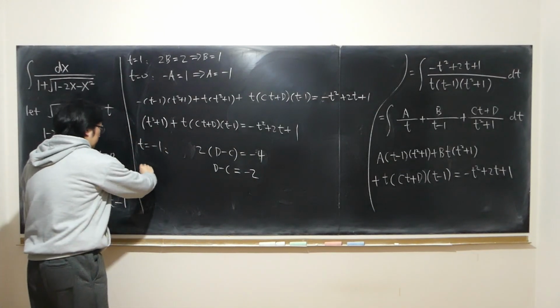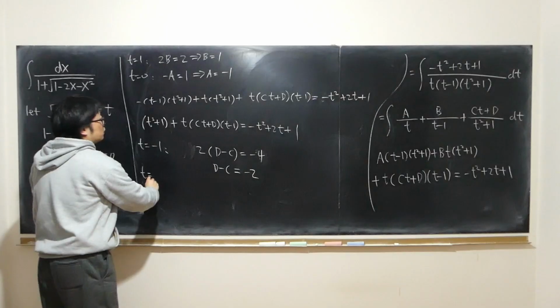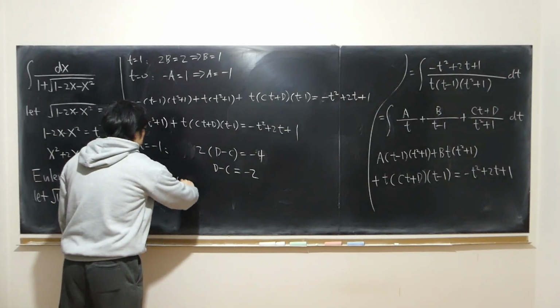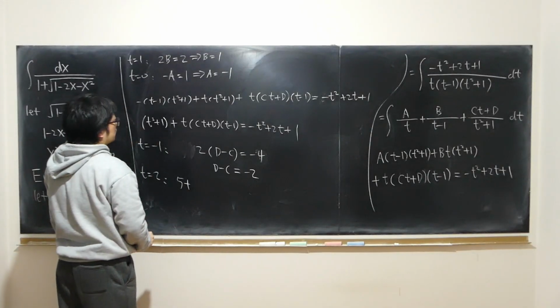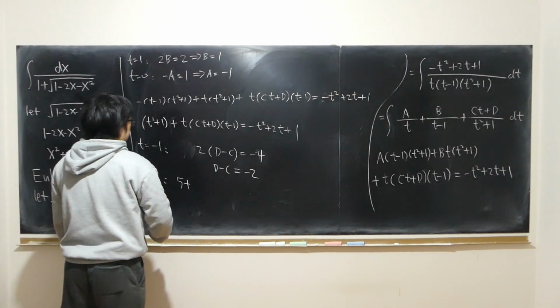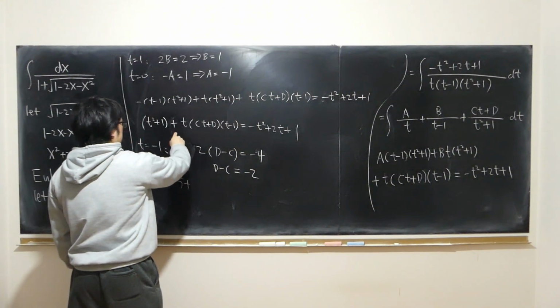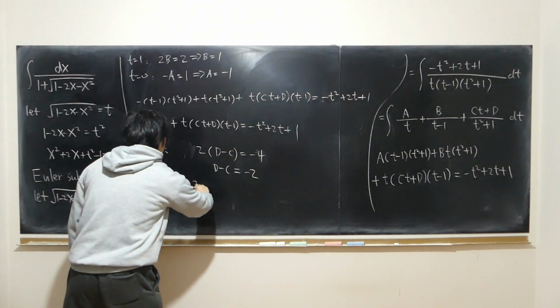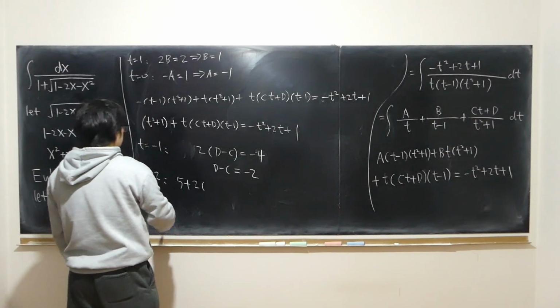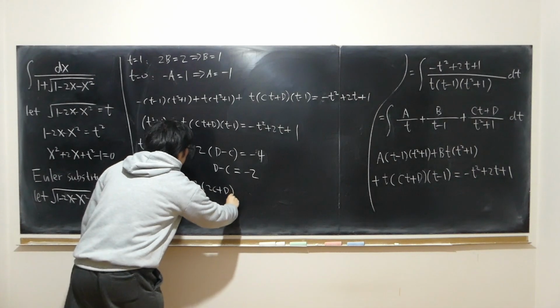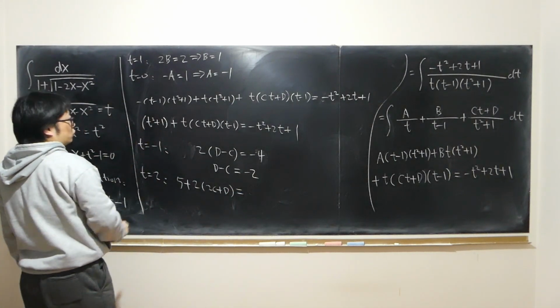Maybe next I say t equal to 2. So 5 plus, 2 minus 1 equals 1, 1 multiplied by 2, still 2. 2 times ct, 2c plus d, equals 2 plugging here.